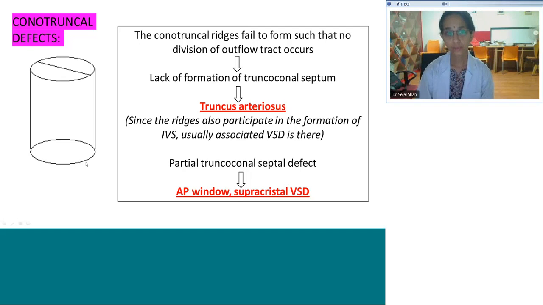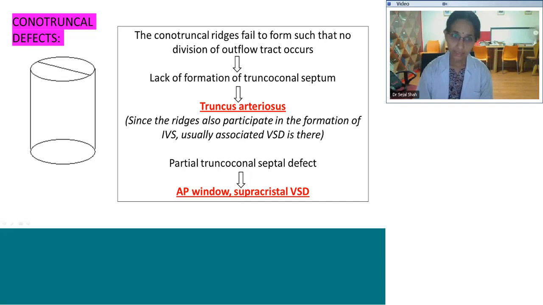So this is what gives rise to a single great vessel, which is the truncus arteriosus, and commonly you have a VSD. It's very rare but possible to have no VSD in a truncus arteriosus. So in truncus arteriosus, you have a single arterial trunk with an outlet VSD.